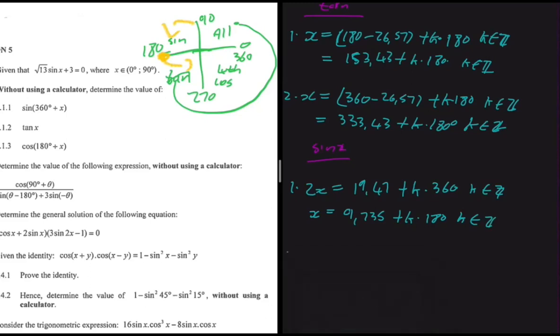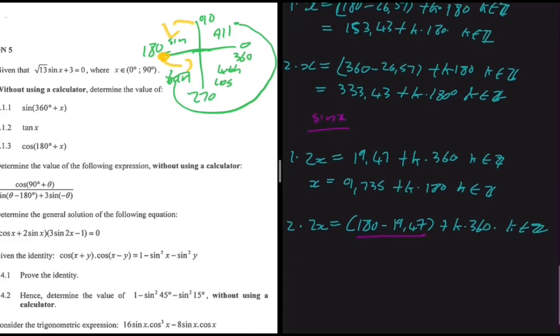And then let's move to the second quadrant, because sine is also positive there. If we move there, we get 2x equal to 180 minus the critical angle 19.47 plus k multiplied by 360, k being an element of some integer. We can just divide by 2 throughout.